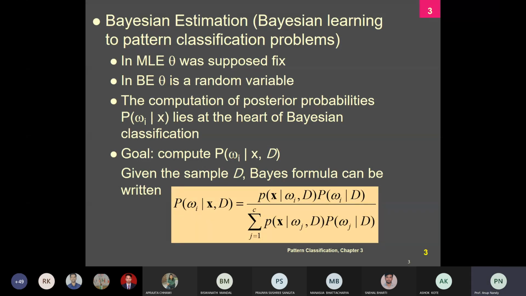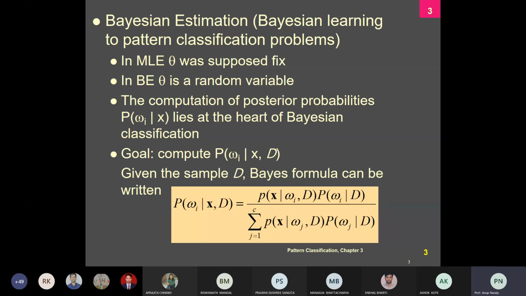In some cases, whenever you apply the Bayes rule or Bayes formula, two pieces of knowledge are already given to you. The Bayes formula will allow you to compute the posterior probability from the prior probability, that is P(wi), and the class conditional density, that is p(x|wi). But if these quantities are unknown, how can one make the best estimate to compute P(wi|x)?